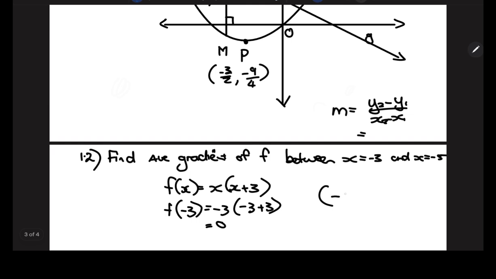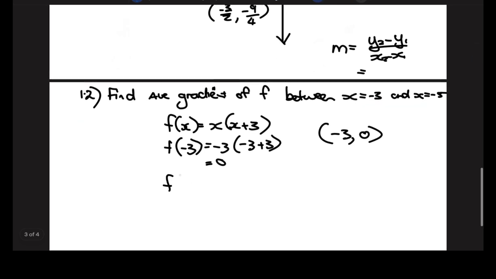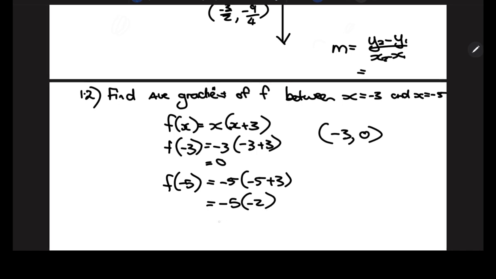So I've got a coordinate where my x was minus 3, I got a y of 0. Okay, and then we're going to do it again, and this time I'm just going to sub a negative 5 in. So there's negative 5 times negative 5 plus 3, so this is negative 5 and this is negative 2, so that gives me a positive 10. So I've got a coordinate where my x was negative 5, my y was 10.